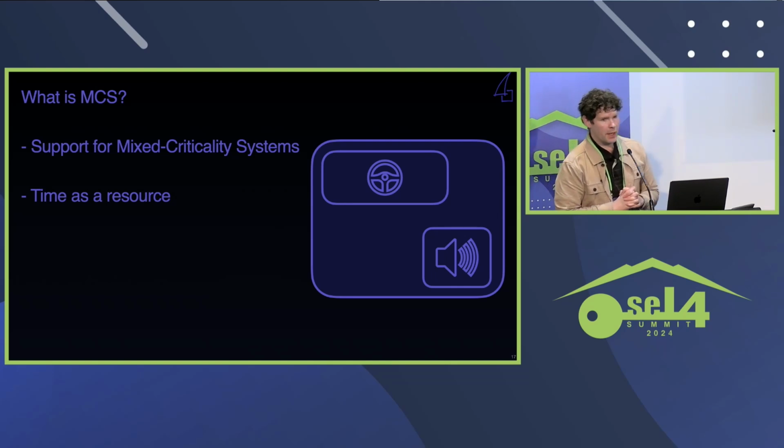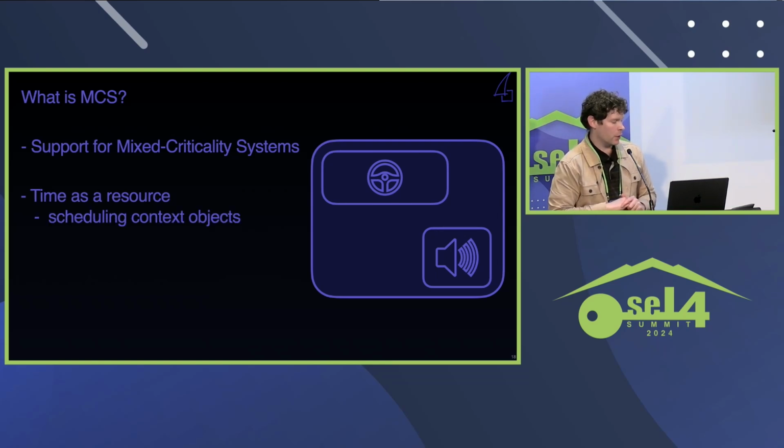And the idea in MCS is that we would do a similar sort of thing for time. We would be very interested in who has the rights or the capabilities to use time on the CPU. MCS achieves this by introducing a new kernel object. These are scheduling context objects. I'll tell you a little bit more about those later in the talk. It's a very interesting way of dealing with this problem.